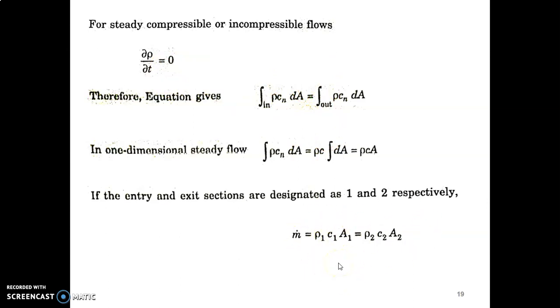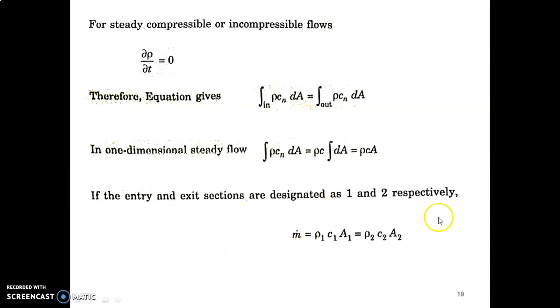When we closely look into this equation, when compared to the continuity equation from fluid mechanics, there is an extra parameter, which is the density. In fluid mechanics, we have actually considered the discharge. Volume flow rate is equal to area into velocity, which is equal to constant throughout.